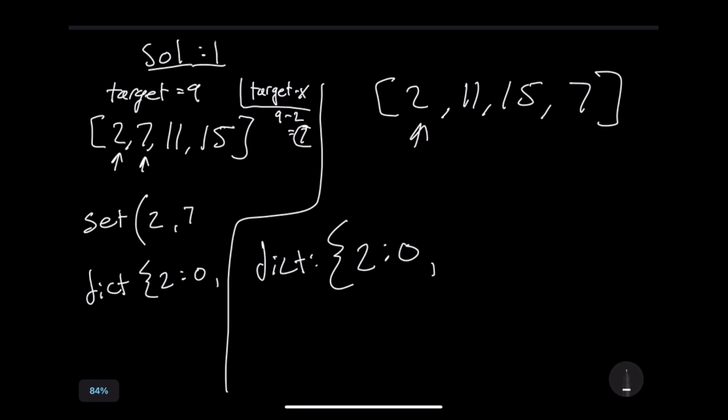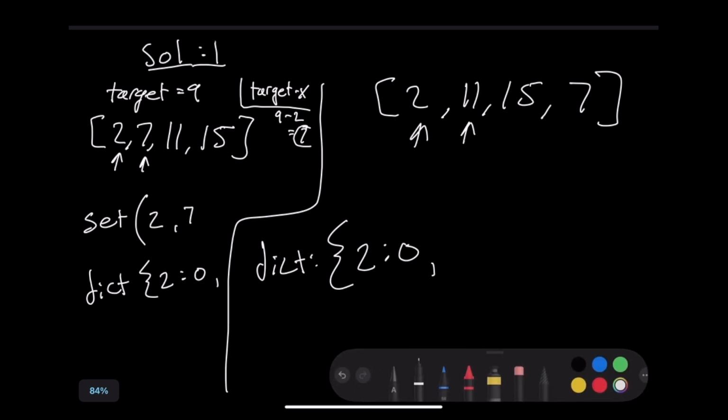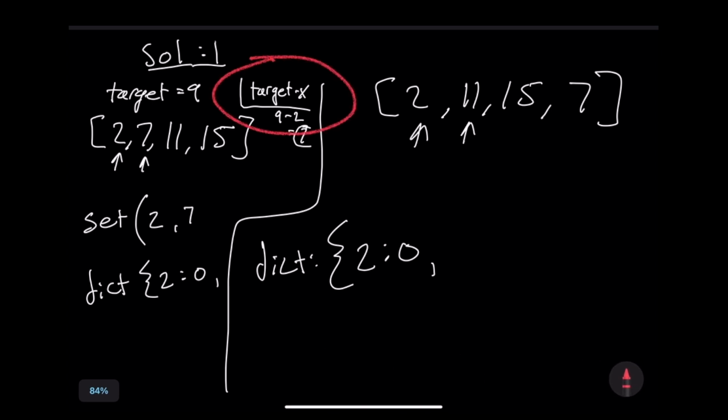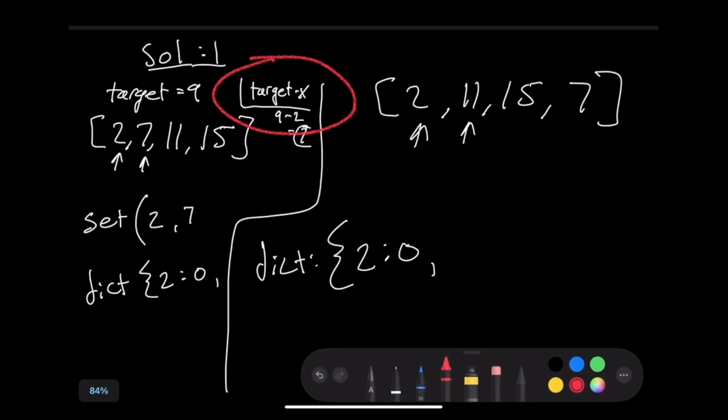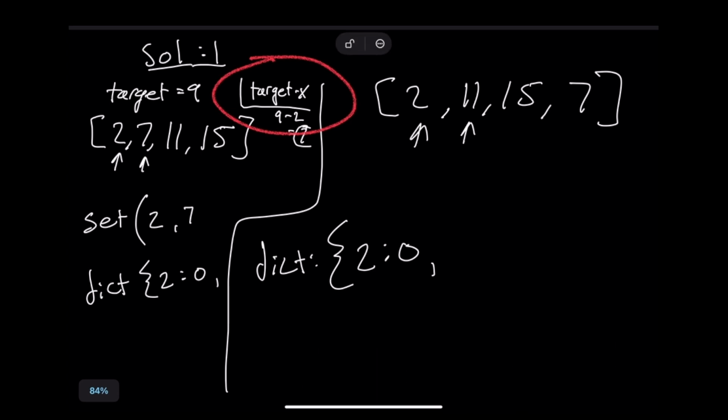And then when we get to the next one, we see that we have 11. Oh, okay. What we want to do, so once we see any number, we want to check, yeah, like I was saying over here, this is the key up here. Say I'm going through this, when I come to a number, so I come to 11 here, what I want to check is, do I have whatever the target is, which is 9.